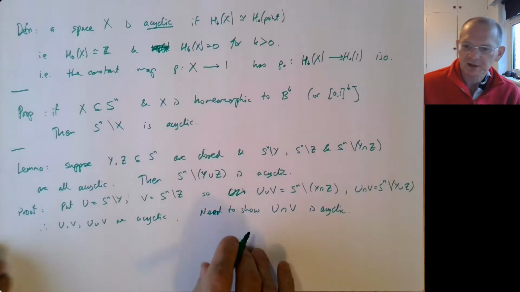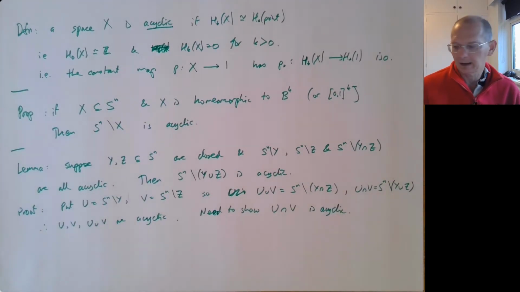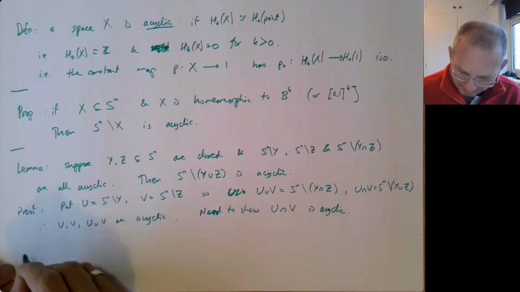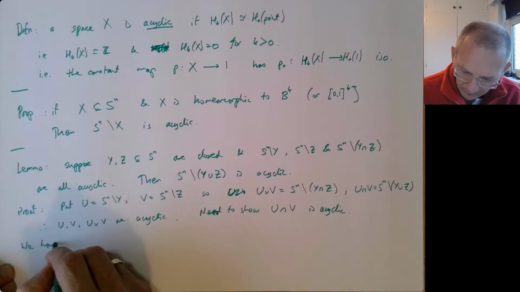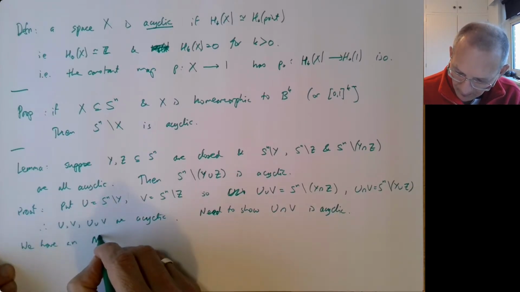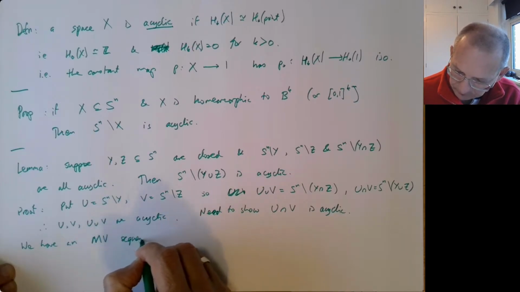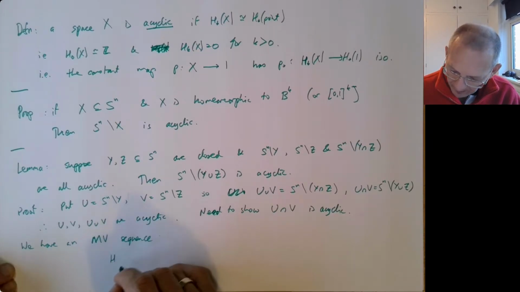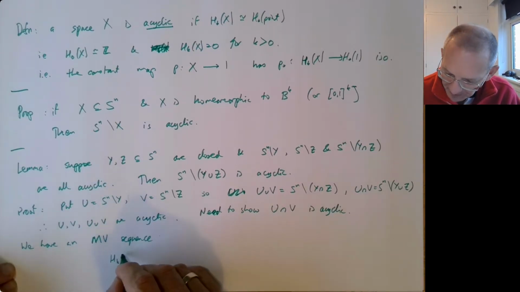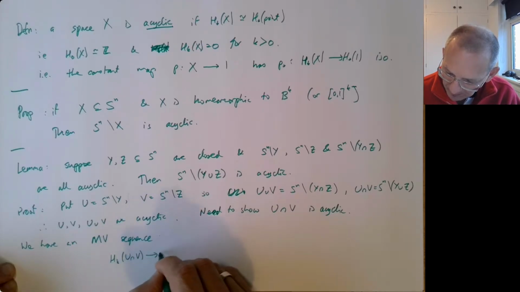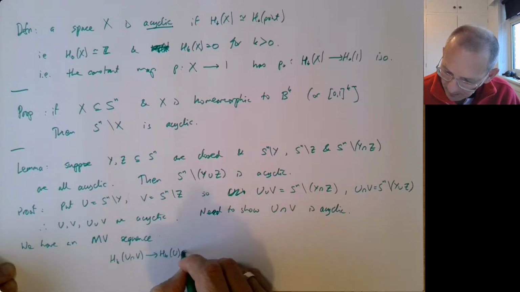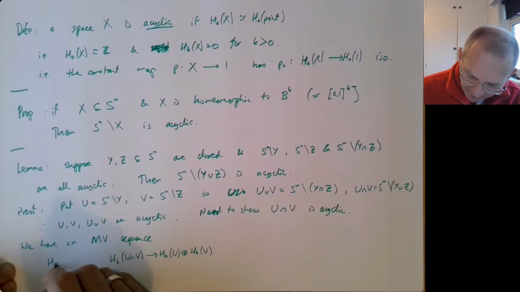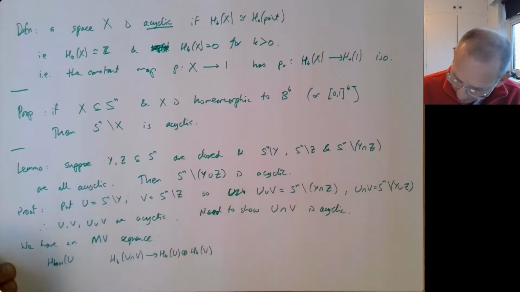And of course, we can use the Mayer-Vietoris theorem for this. So we've got a Mayer-Vietoris sequence. So you've got H_k(U intersect V) goes to H_k(U) plus H_k(V), and then here you've got H_{k+1}(U union V).